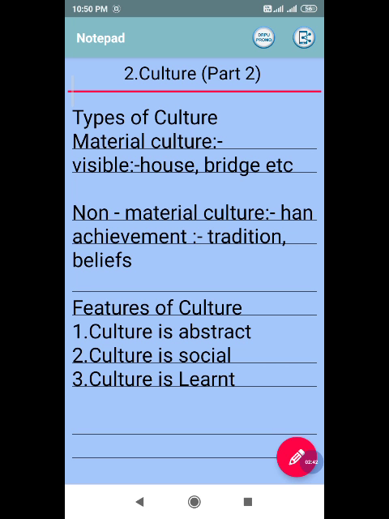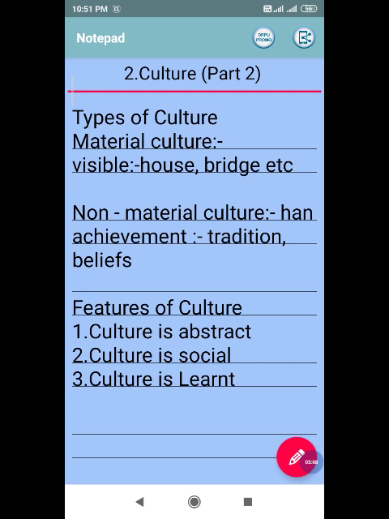Listen, according to Ogburn, which thing is material culture? Material culture is created by human beings. Here man is converting natural resources into man-made structures. These are all considered as material culture.